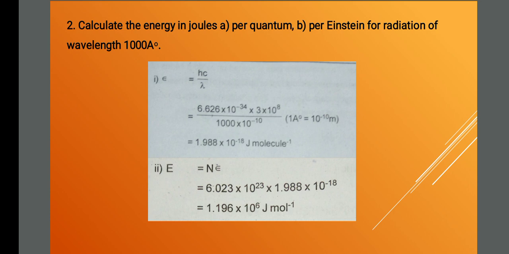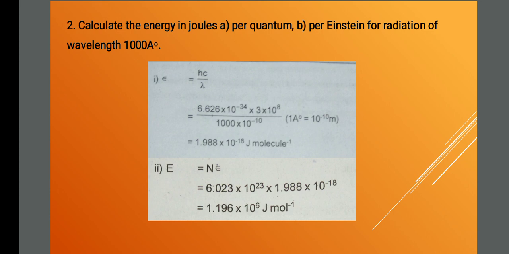The second part asked here is per Einstein. What we can do here is simply multiply this value by Avogadro's number, because the correlation between quantum and Einstein is that E is equal to h nu for quantum, and E is equal to N into epsilon for Einstein.